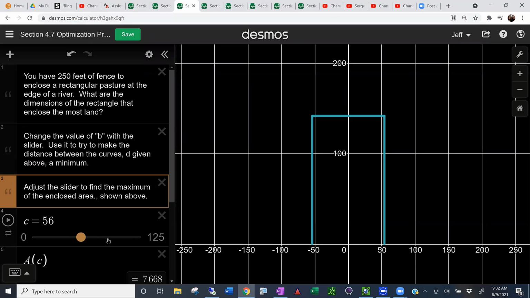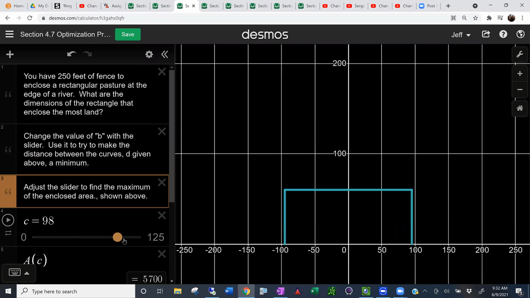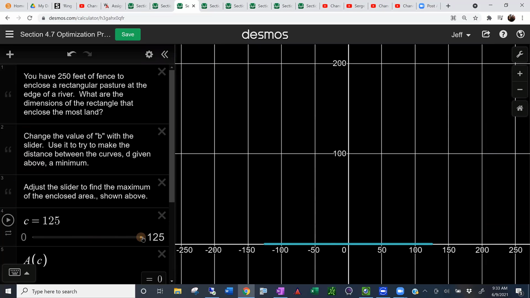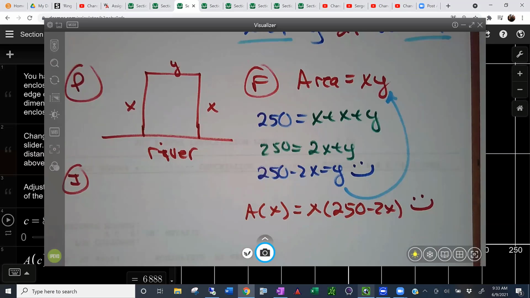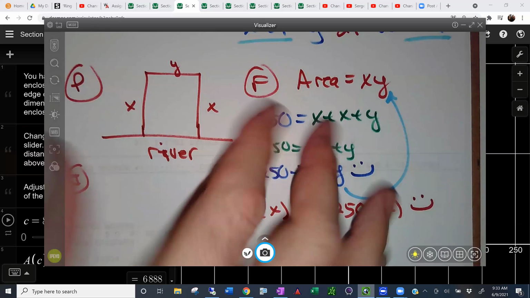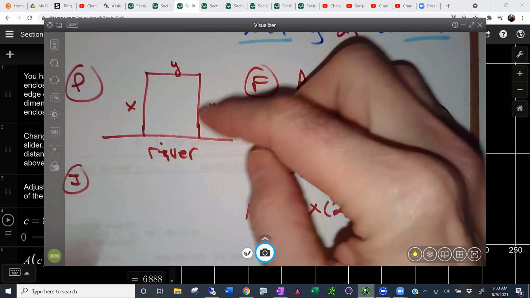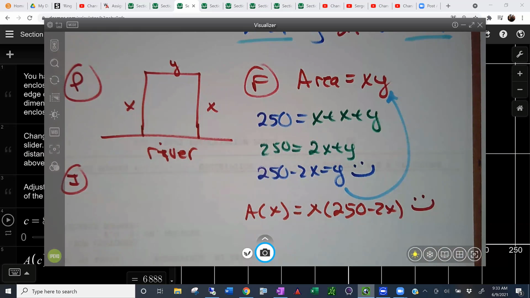If I stretch it all the way out, what's happening? I'm losing all my height and turning it into width. So it's all just kind of in the X direction, nothing in the Y direction. And if I go far enough and wide enough, I'm going to use all the fencing here and none of it for the Y value.